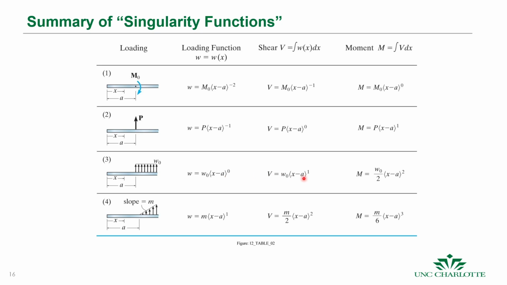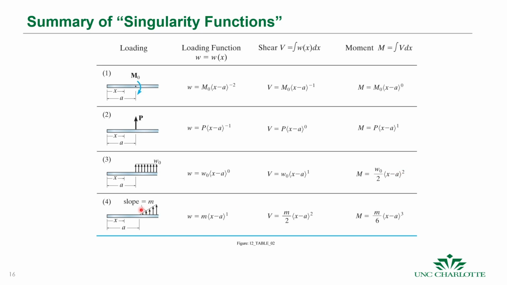Here we can integrate it and get the shear, and this is where we have to be careful, because when we integrate this, we're going to get the value here at the bottom. So as long as you pay attention to which functions you're using for which case, you should be fine. But that's why there's a difference in this graph and the way that these are integrated.